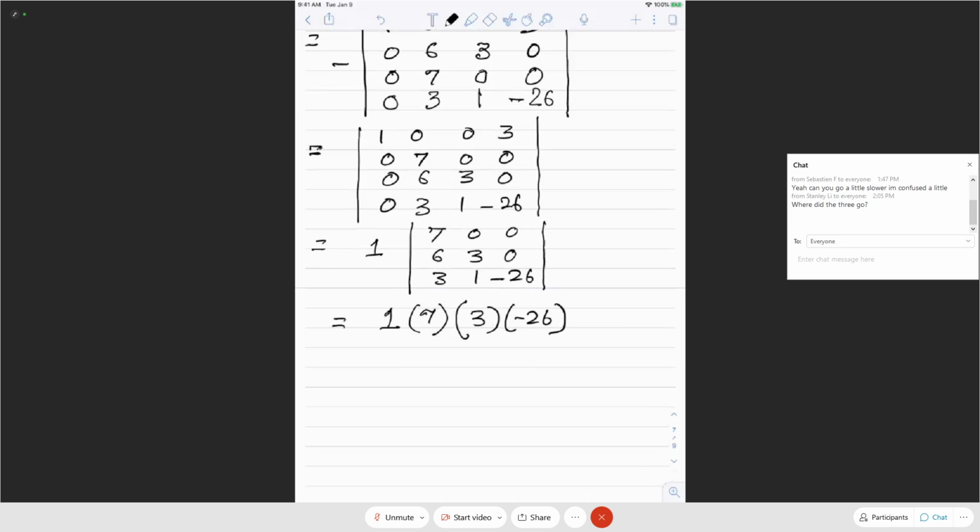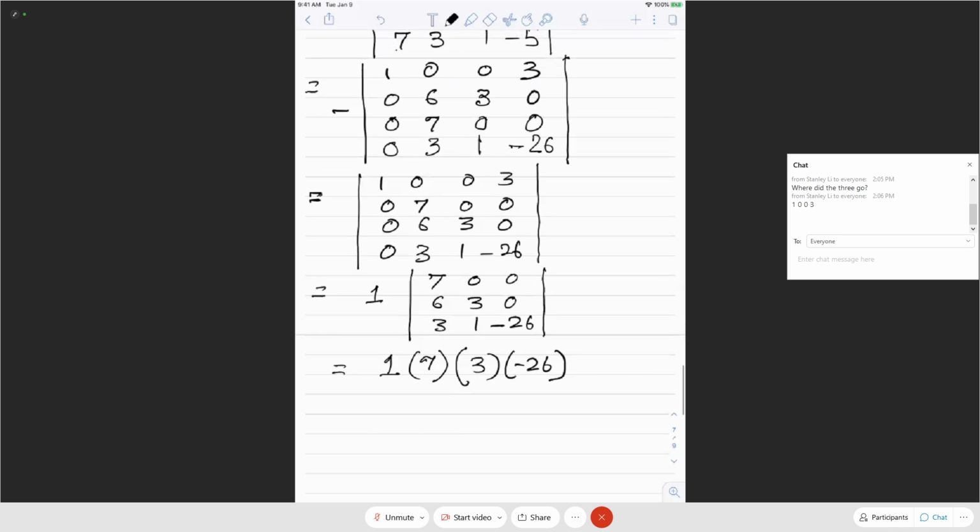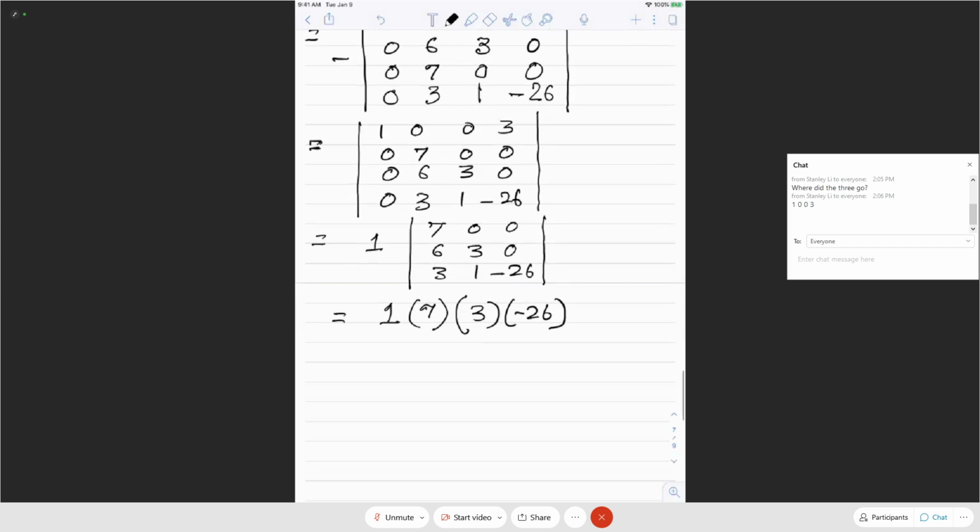Where did the 3 go? What do you mean, where did the 3 go? The 3 is in my pocket. Listen, I am expanding this determinant along the first column.